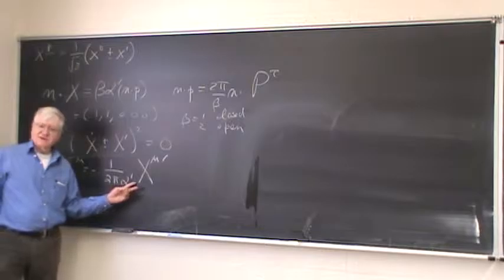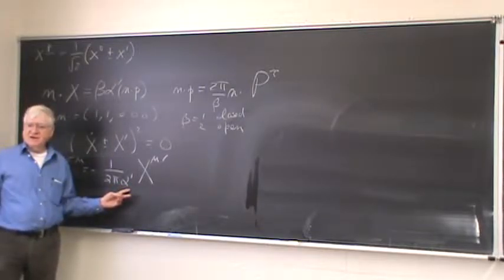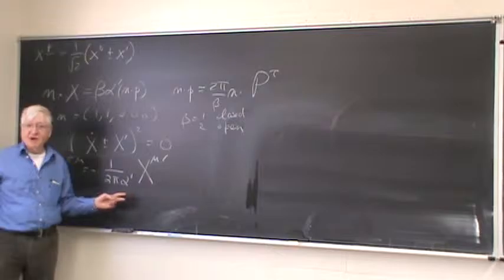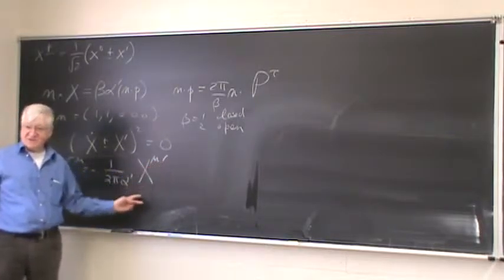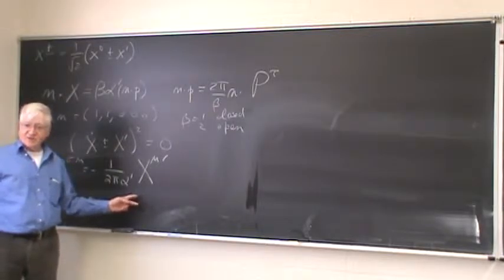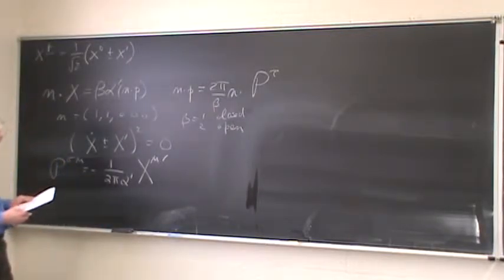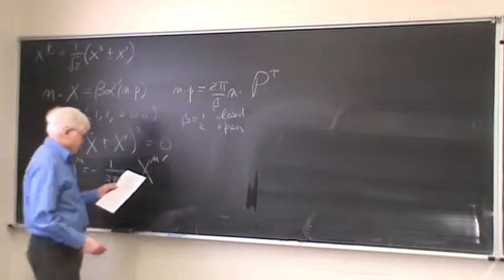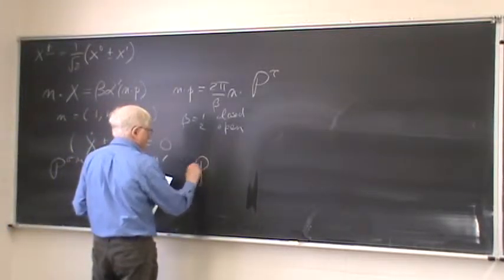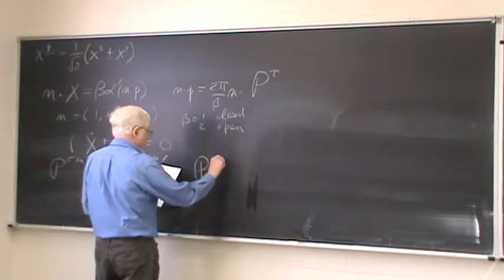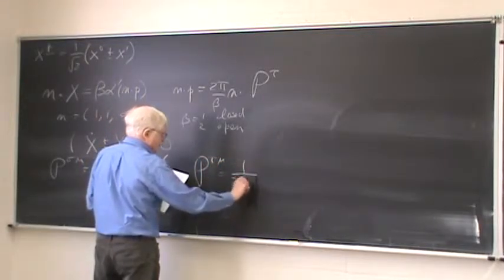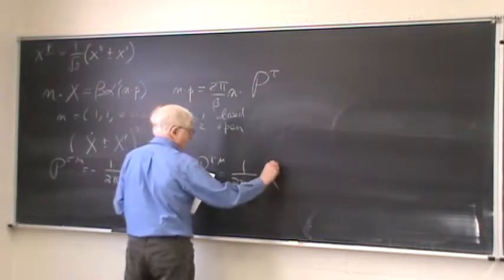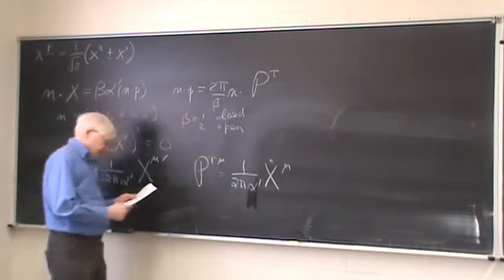Prime here means, I don't know why, give me a break, why did they introduce an alpha and then throw it out and just use alpha prime? I don't know. It doesn't mean derivative with respect to sigma. Over here, the prime does mean derivative with respect to sigma. So the string theorists really need to clean up their act on notation. P of tau and mu is then 1 over 2 pi alpha prime x dot mu, so that's the time derivative.